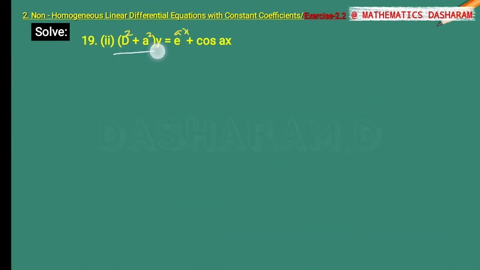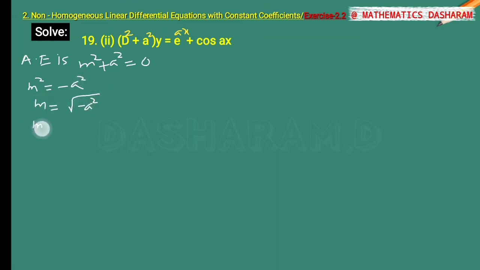Second question: d square plus a square into y equals to e to the power of ax plus cos ax. So the auxiliary equation is m square plus a square equals to 0, then m square equals to minus a square, m equals to under root minus a square, then m equals to plus or minus i into a. Then the complementary function is, here complex numbers, so compare with alpha plus or minus i beta: alpha value 0, beta value a.